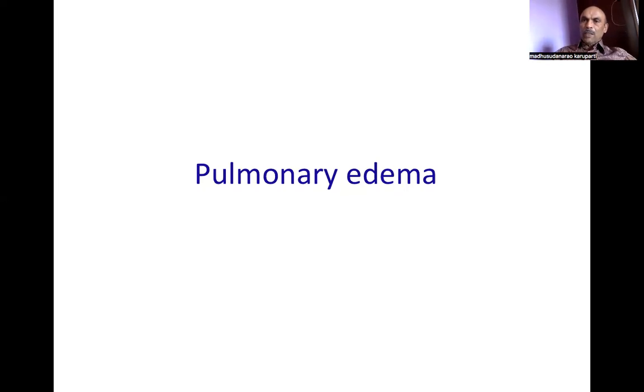The causes of pulmonary edema are etiologically of two types. That means pulmonary edema is etiologically divided into two categories: cardiogenic pulmonary edema and non-cardiogenic pulmonary edema. Cardiogenic pulmonary edema results from the failure of clearing the pulmonary blood due to left heart failure.